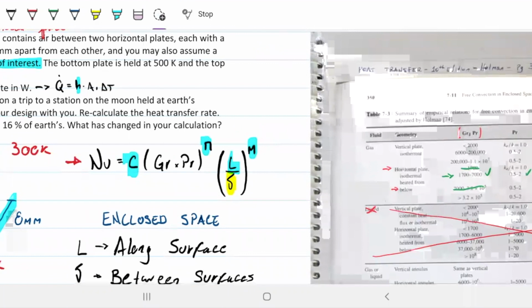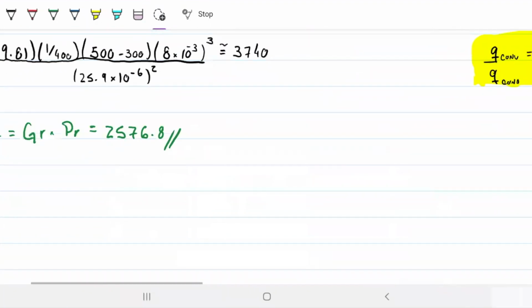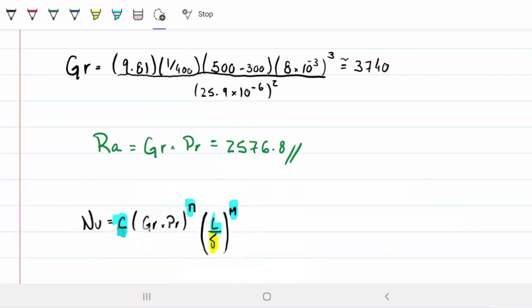You grab this equation: 0.059 times Grashof times Prandtl, that's Rayleigh, so 2576.8 to the power N, 0.4.